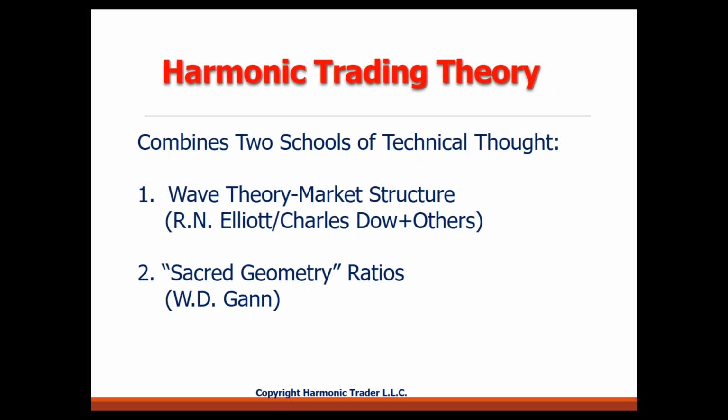We can do wave counts and they can be helpful for looking at the framework of any market, but when we're looking for a trading opportunity, we need exact price levels. So that's where W.D. Gann comes in. He defined some unique ratios based on sacred geometry.